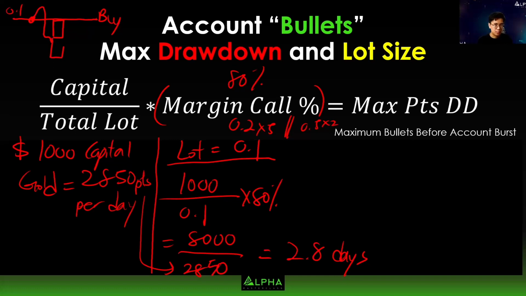If the gold market keeps going against you within 3 days, you will reach margin call. Margin call means you've already lost 80% of your money. Now my question is, how likely is it that the gold market will go in one direction for 2850 points every day and you reach margin call?